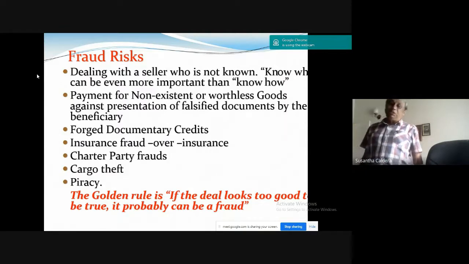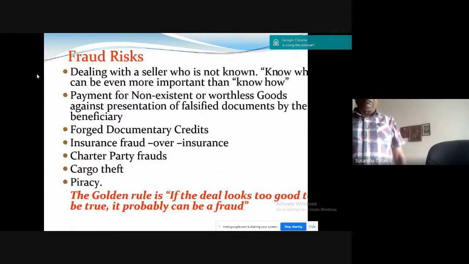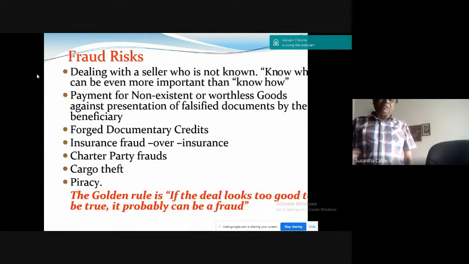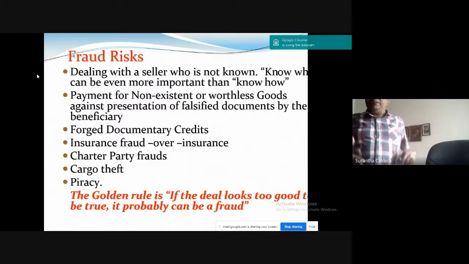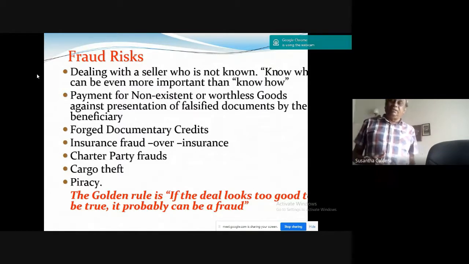After 3 weeks, we got the documents. When we checked them, they were perfect documents. Then we told this guy, okay, these are perfect documents, you have to pay. He said, okay, give me 2 days.